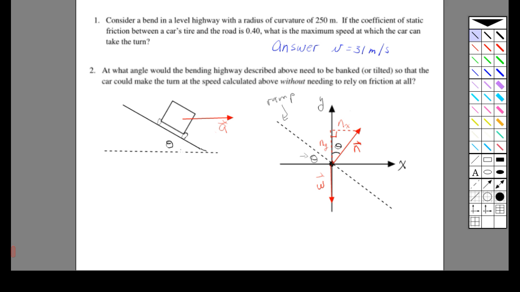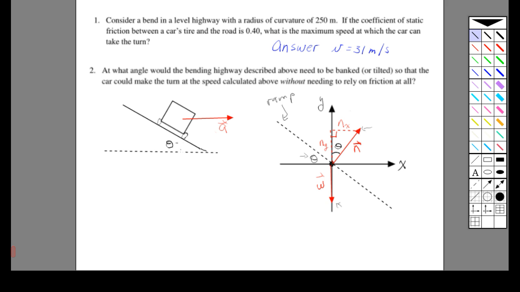There's the weight of the car bringing it down, in the negative y direction here, and there's the normal force, which is perpendicular to the surface of the road. It turns out the angle theta in the previous picture is the same as the angle in that red triangle there. I'm going to let you verify that yourself; I'm not going to go through that proof.